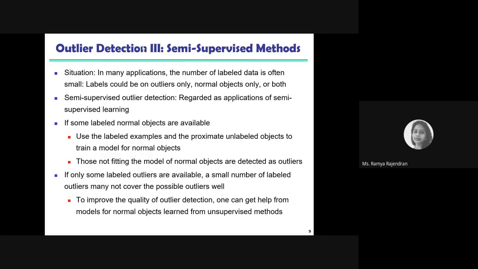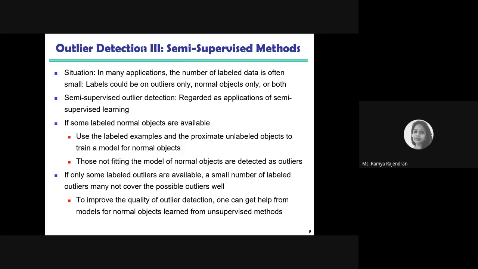Next one is the semi-supervised method. It's based on the nature of the semi-supervised methodology. If you have a few objects labeled as normal, and a few unlabeled objects that are also normal, you can create a model.